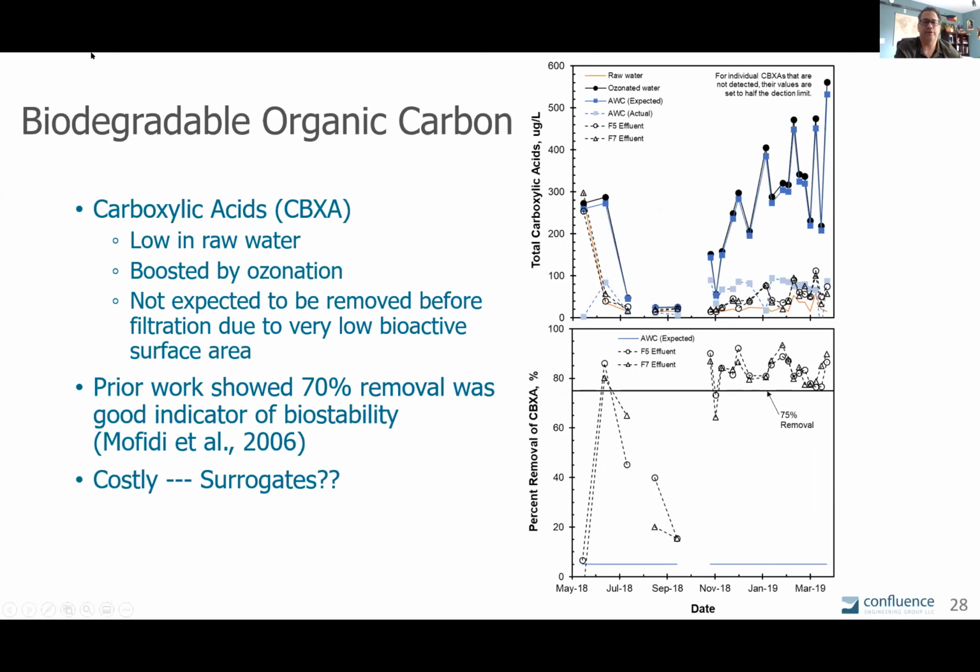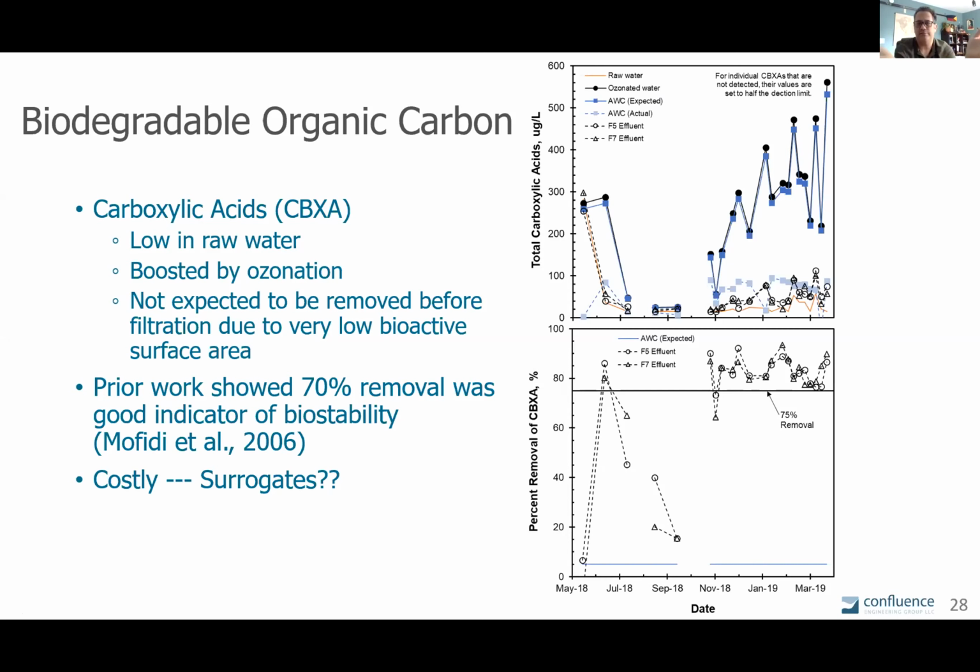It's very low in the raw water, the solid orange line in the top graph. But when you ozonate, the black and blue lines at the very top show how it just jumps up. So you're producing a lot of PDOC, or BOM, as measured by carboxylic acids.